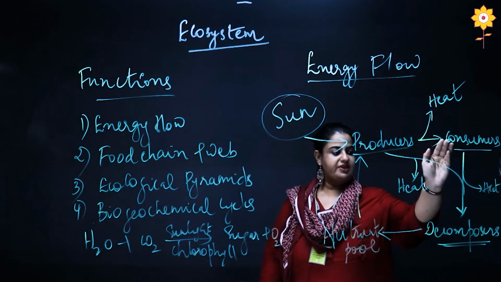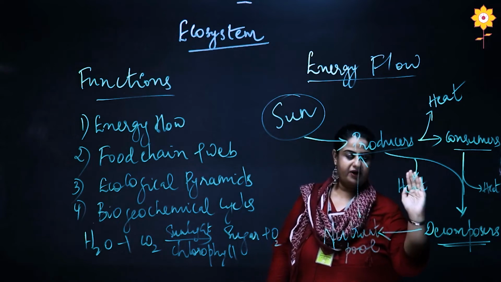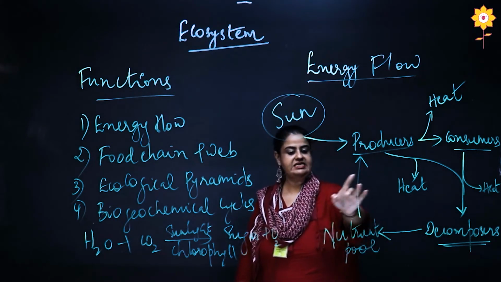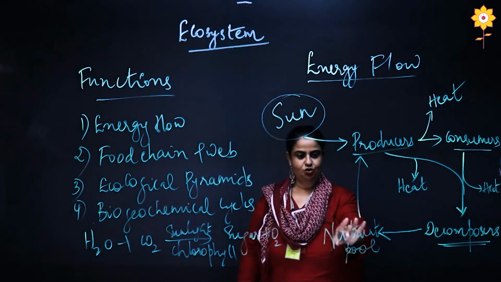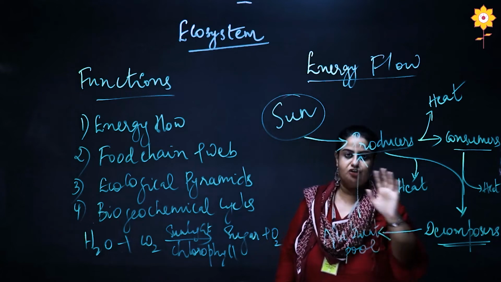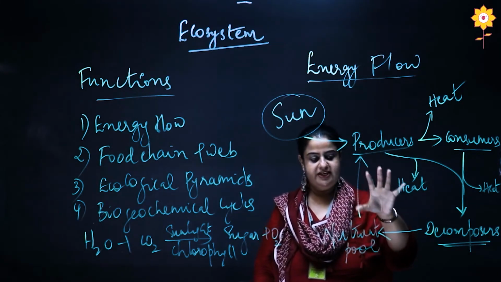Similarly, the dead and decayed parts of the consumers and the producers go to the soil on which the decomposers act, releasing the nutrient pool. The nutrient pool is again reabsorbed by the plants for their growth and development. That is how the energy flow is maintained in an ecosystem.